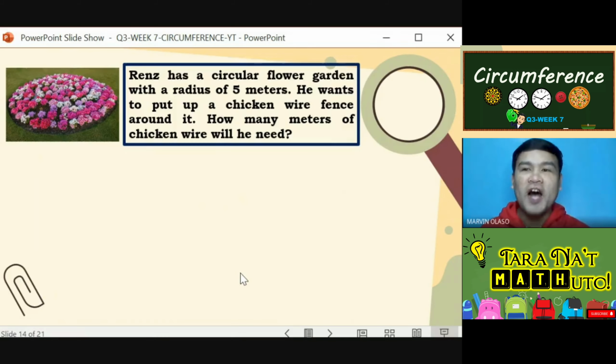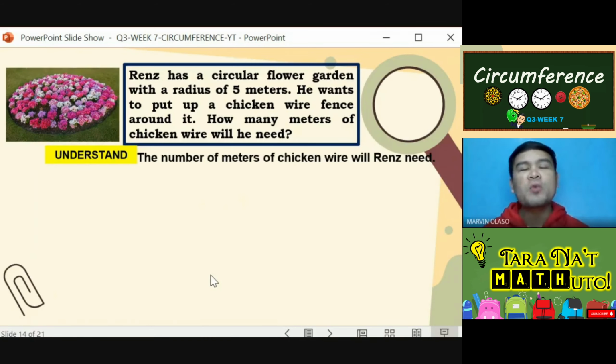Again, let's follow the steps in solving a problem. First is to understand the problem by looking for what is asked. We are looking for the number of meters of chicken wire Renz will need. And we have only one given number, the radius of 5 meters.